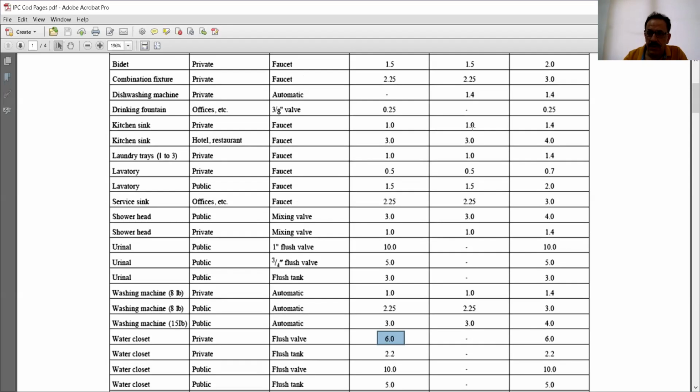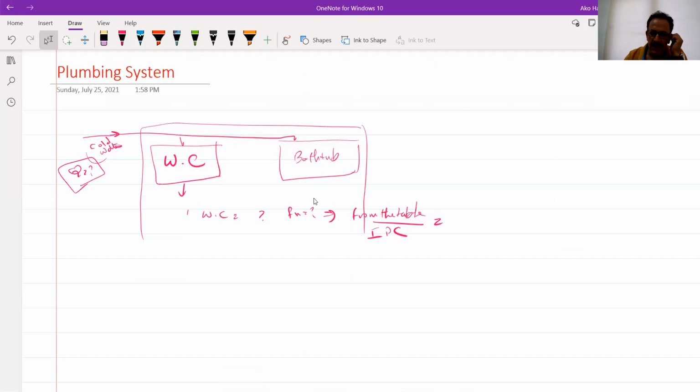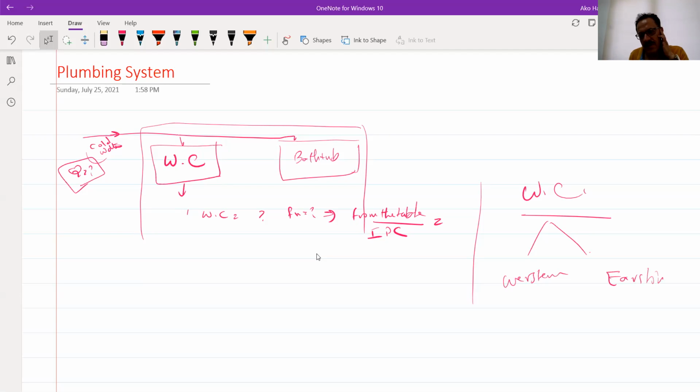Doctor, could you please repeat the difference between the valve and the tank? Yeah, you can see we have 2 different types in the system of supplying water to the water closets. We have Western and we have Eastern types.